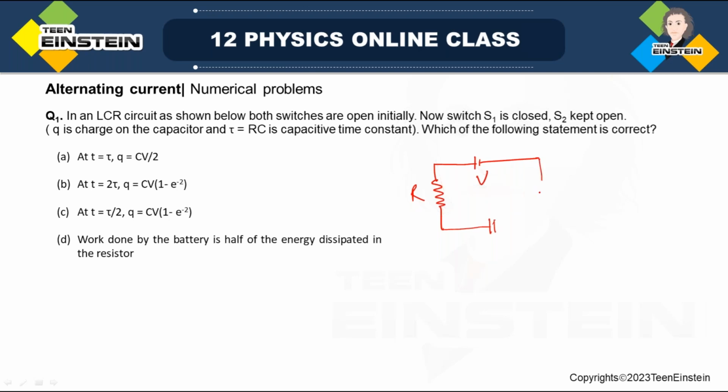See, the battery is not an AC source. This is actually a DC source. This is an inductor.